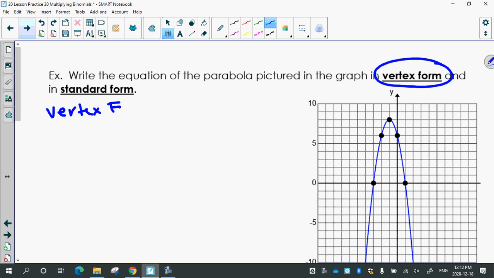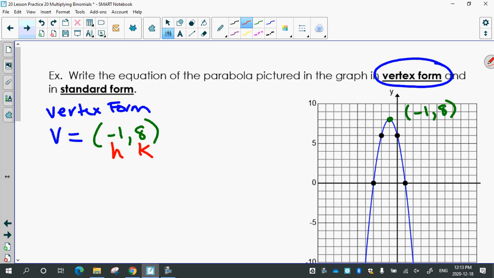So if I'm figuring it out in vertex form, I'm going to find my vertex first. So it's right here. And it's at -1 and 8. Which means that H is -1 and K is 8. Because the vertex is HK.